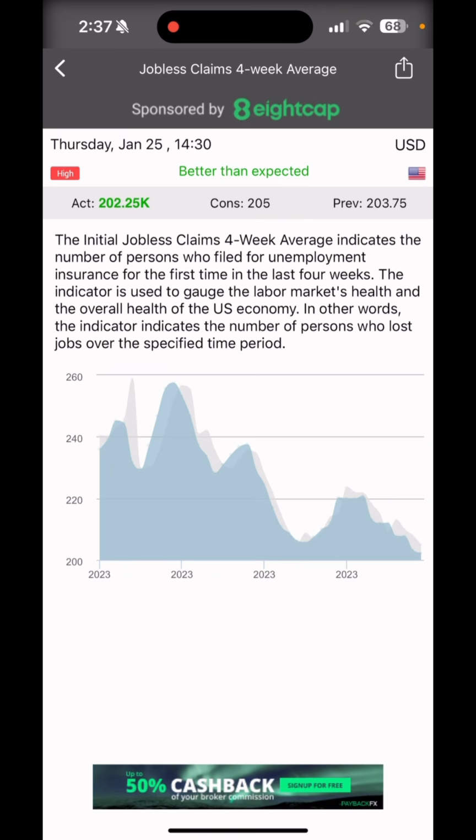We have ACT, which stands for actual, CON, which stands for consensus, which is like forecast, and previous, PREV. Now the previous amount is 203. The forecast, which is the consensus, or whatever you want to call it, but I call it forecast. They are forecasting it to go to 205. All right.